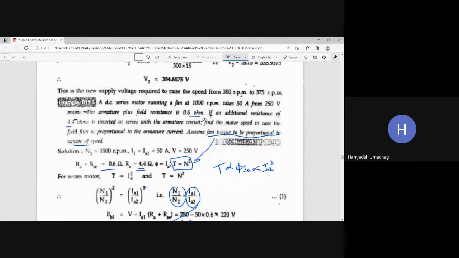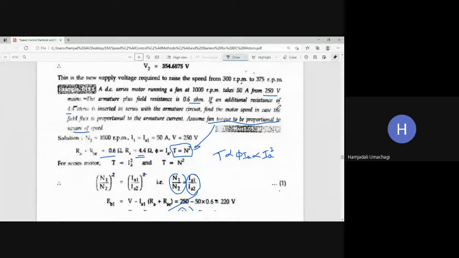EB2 is equal to what? V minus Ia2 into Ra plus Rsc plus Rx. So V is known, Ia2 is 31.9894. Sorry, here EB2 is unknown. This you should calculate. What is the input voltage? 250.